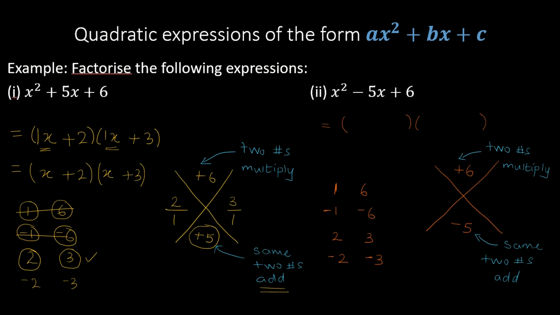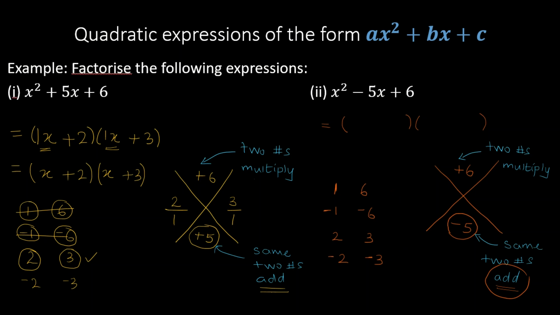Now we have to think about addition. From these possibilities that we have written, we must select two numbers which, when we add, give negative 5.